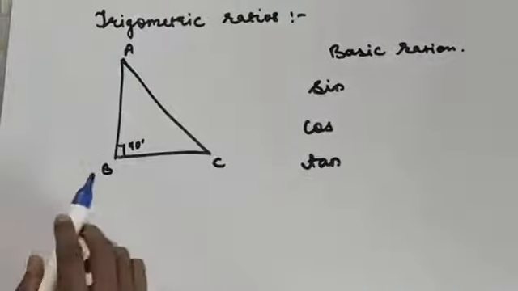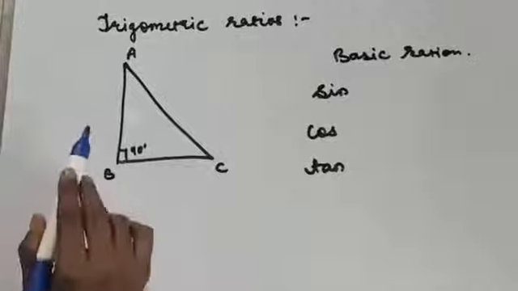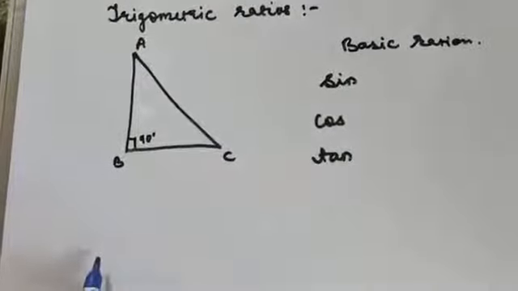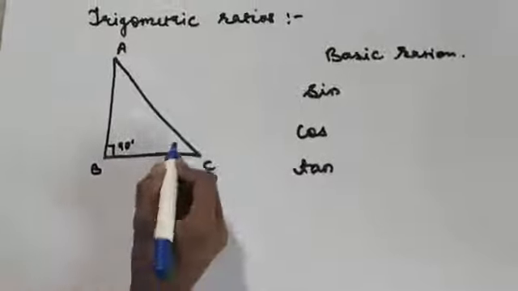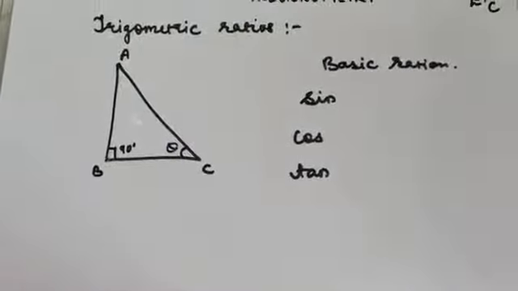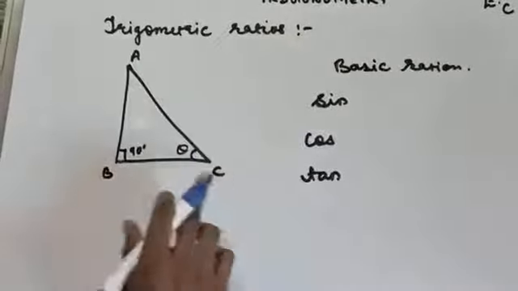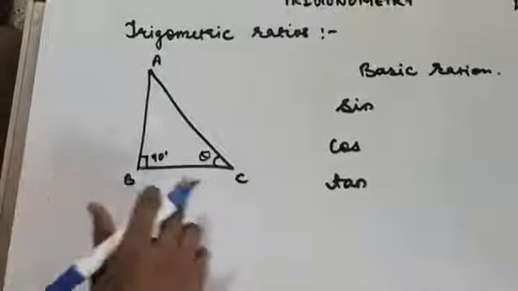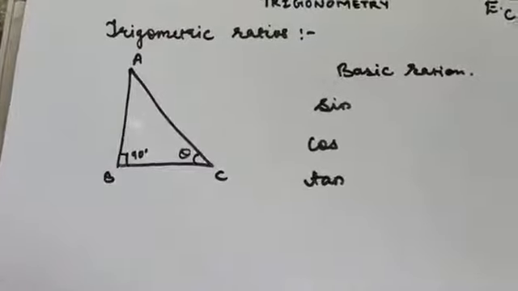So in this triangle ABC we have two unknown angles, angle A and angle C. So let us consider angle C as theta. So we will be finding all the trigonometric ratios with respect to theta. So let us rename the sides of this triangle ABC.